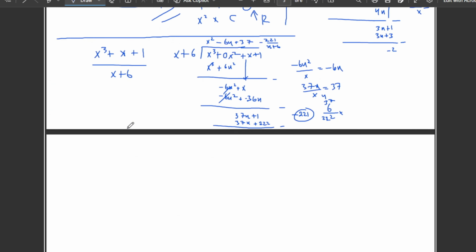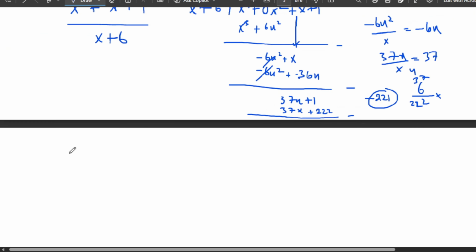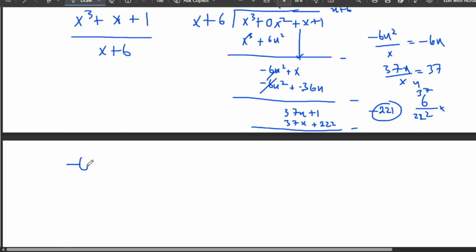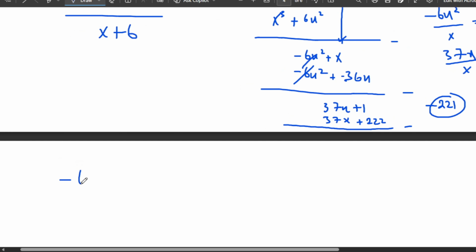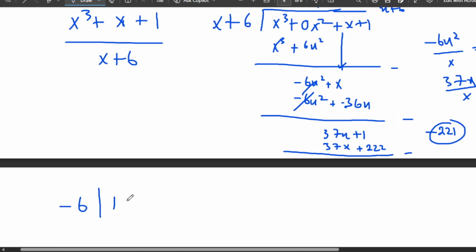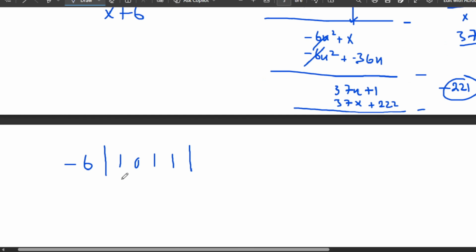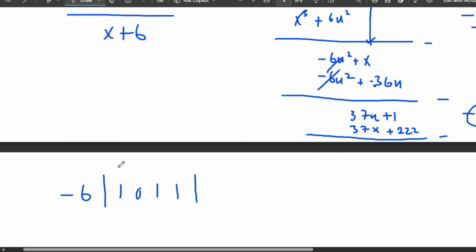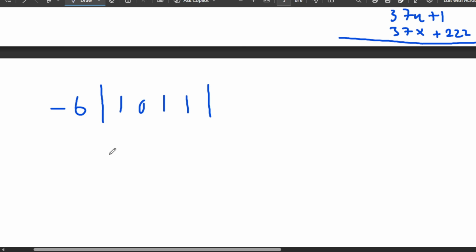Let's check with the synthetic division. So negative 6, right? And then we have 1, 0, 1, 1. So 1 goes down. Minus 6, and then minus 6 times negative 6 is 36. We add them, 37.